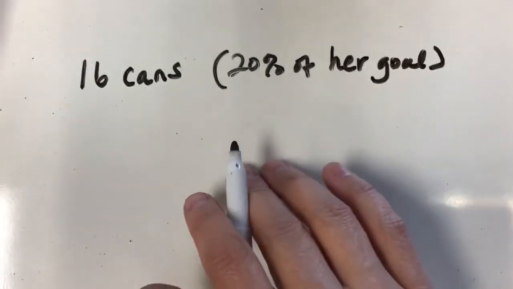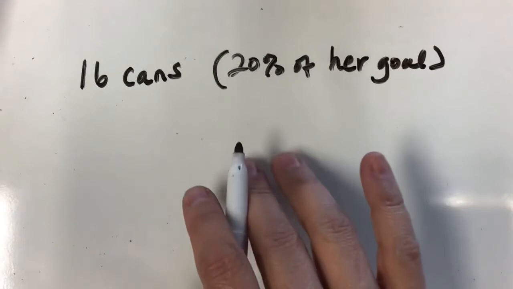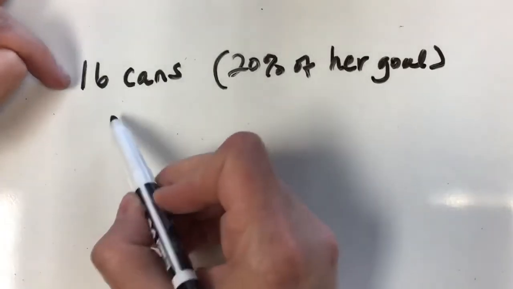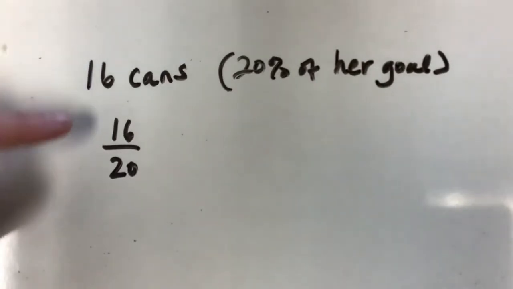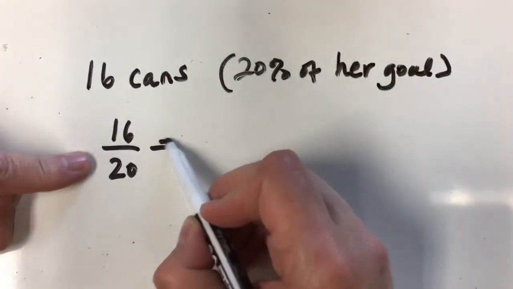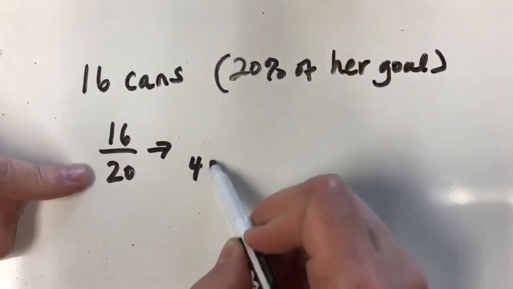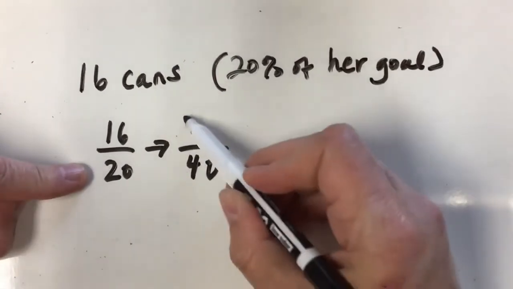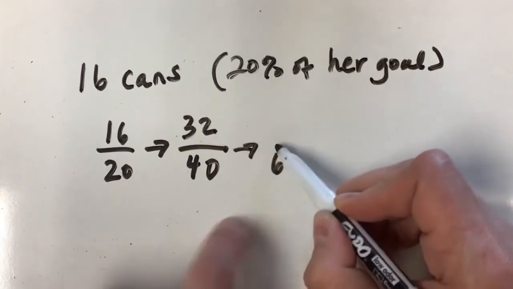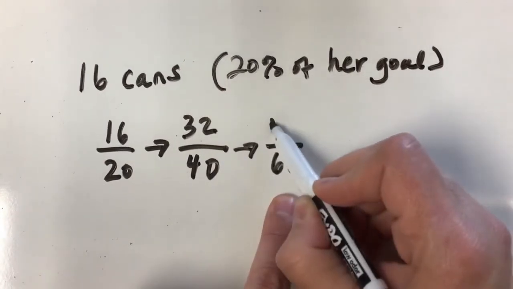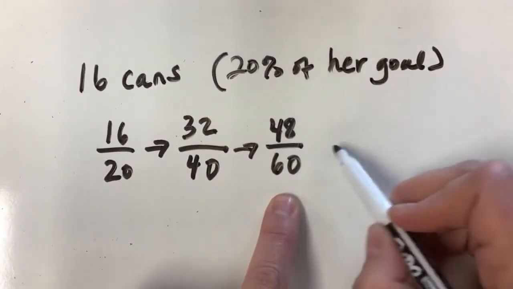This is actually a really easy problem. You can use a ratio to solve it. Every 16 cans, she's at 20% of her goal. That means that when she's at 40% of her goal, that's going to be 32 cans. And when she's at 60% of her goal, that's going to be 48 cans, right?